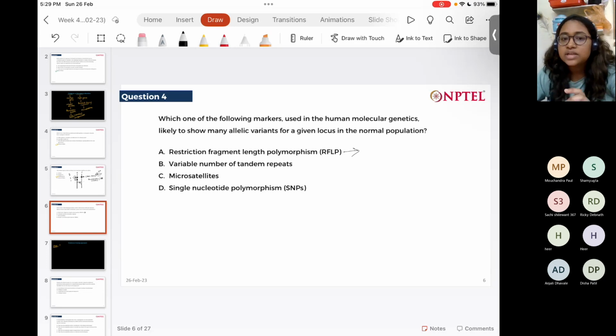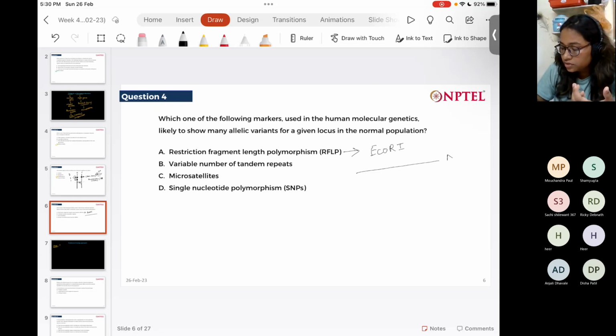You give a restriction enzyme like EcoR1. Because of the mutation within the particular genetic sequence, EcoR1 can now cut at that position because a restriction site has emerged. This is the normal gene, and this is the mutant gene.